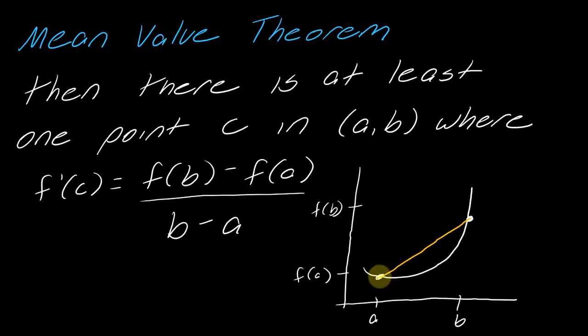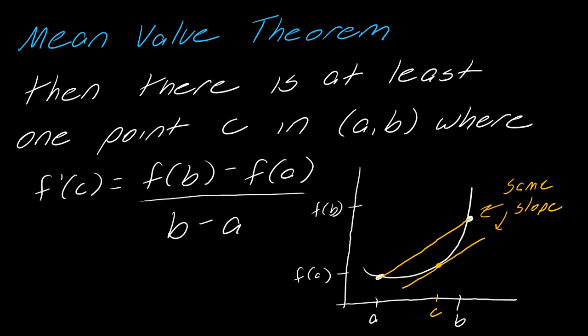The idea behind the mean value theorem is that if I have these two random points a and b, there will be some point c in this interval from a to b where there's a point on the curve that has the same slope as the line that connects these two points. That's what the mean value theorem is really getting at.